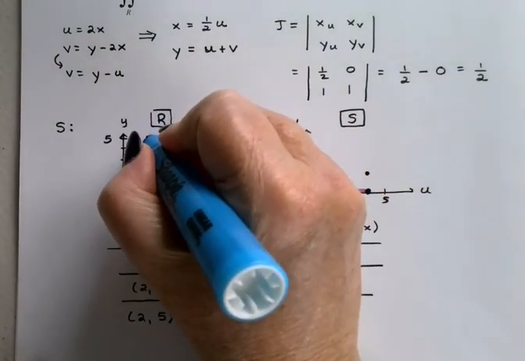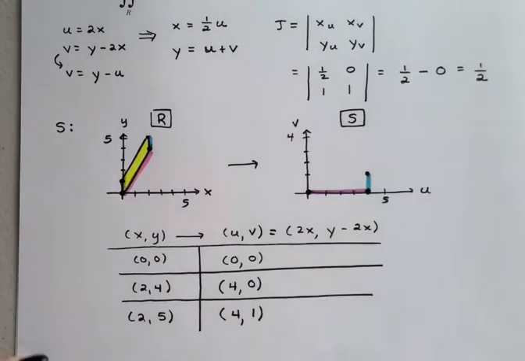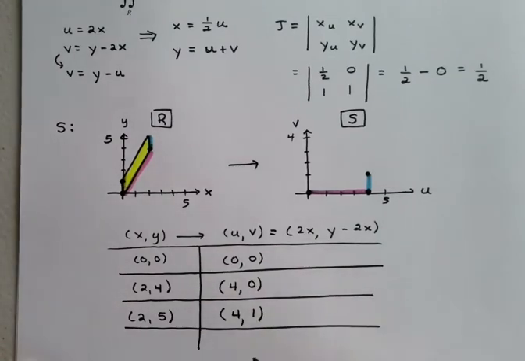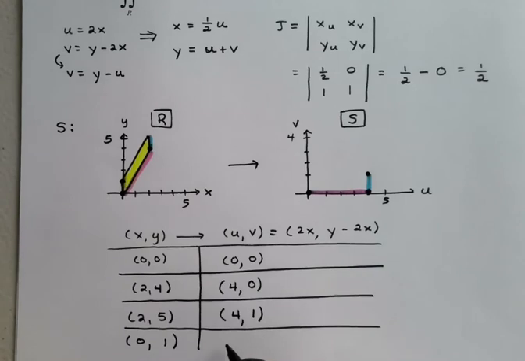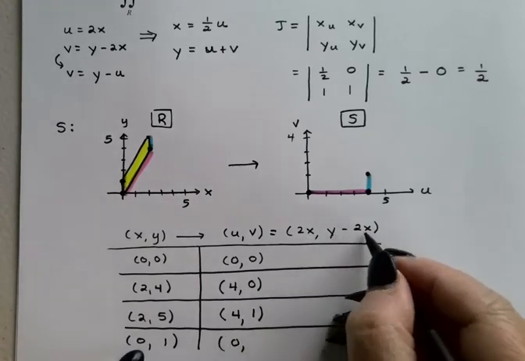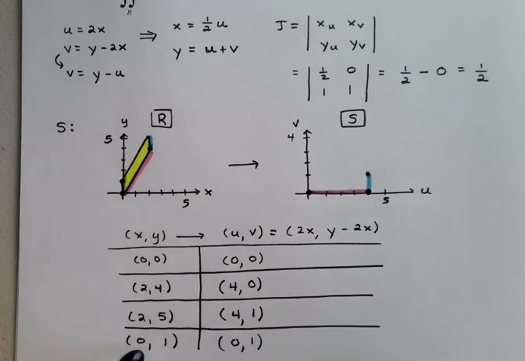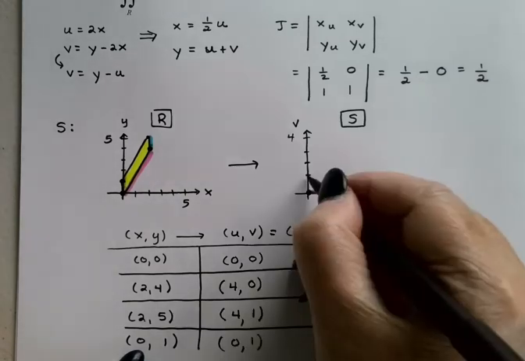Again, this line segment here became that line segment in the UV plane. All right, we have one more point to deal with, and that's this one over here. It was the point 0, 1. Let's see, 2 times 0 is still 0, and 1 minus 0 is still 1. So that point is still 0, 1.